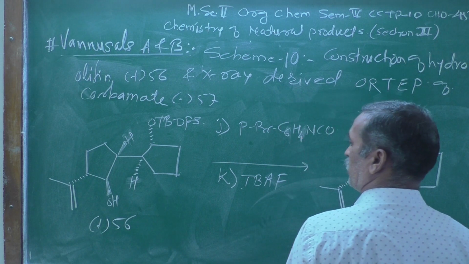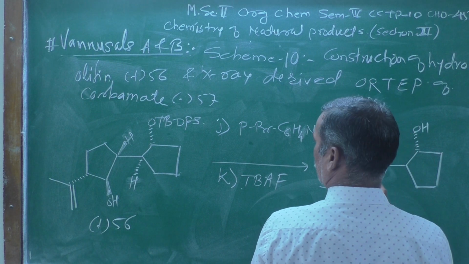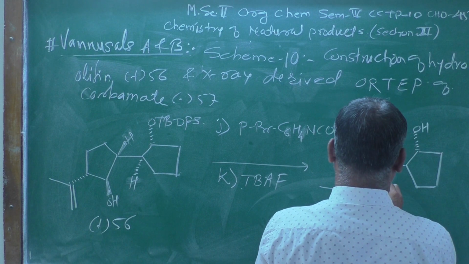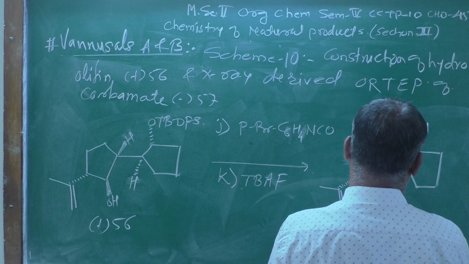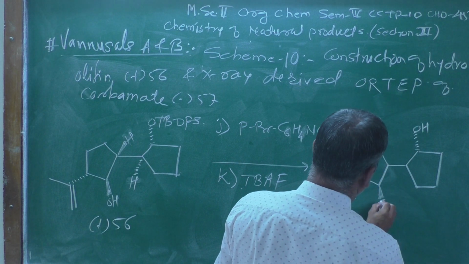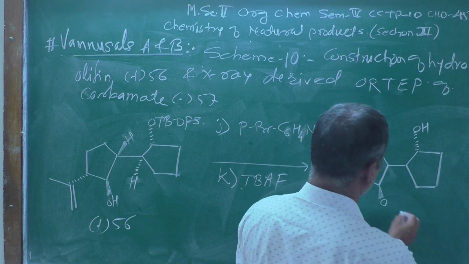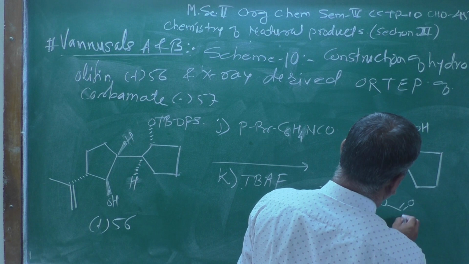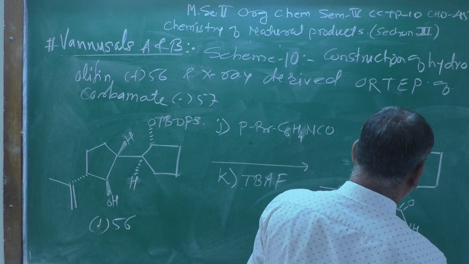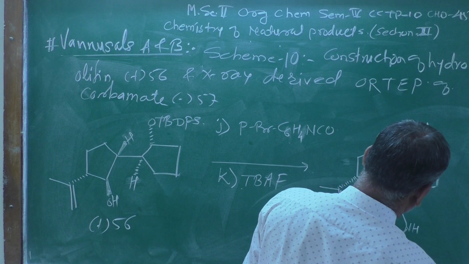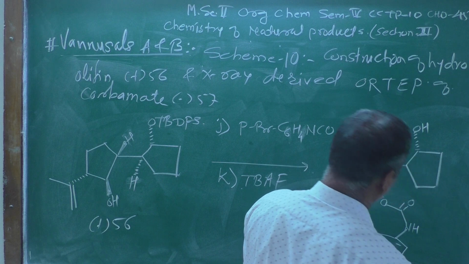This is an isopropenyl group attached, which is as it is, but here the group which is attached is the oxygen atom followed by C double bond O, then NH, and after that there will be this benzene ring attached, with a Br.